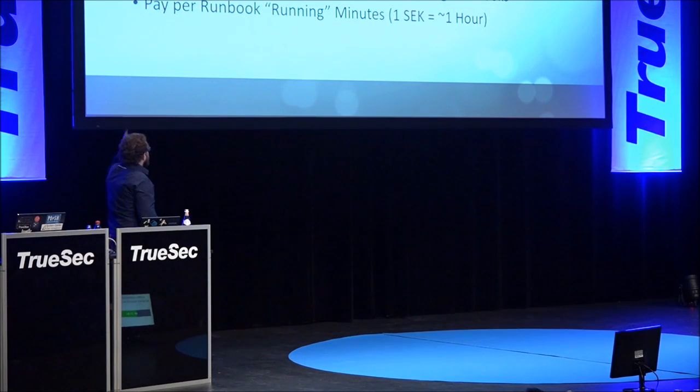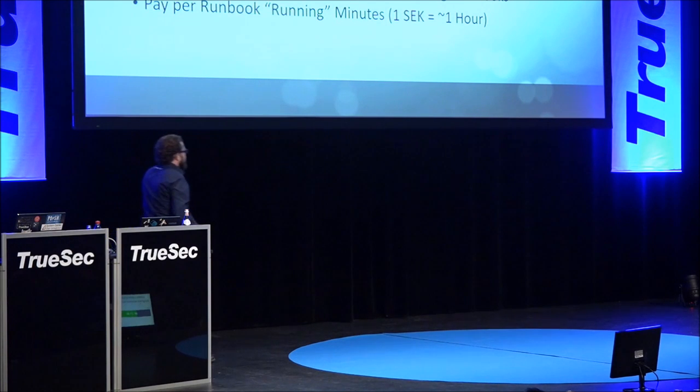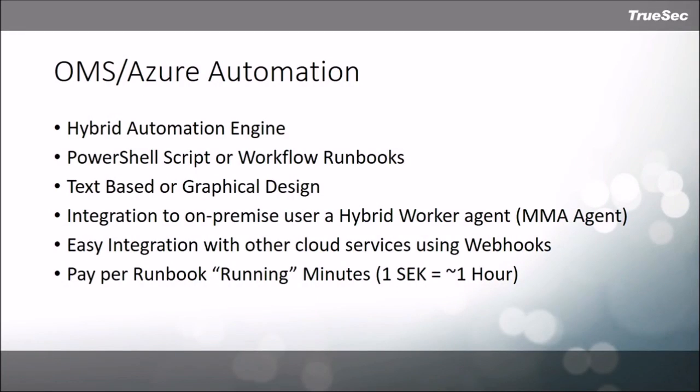Another thing is that since it's a cloud service, we have very easy access into the service from anywhere because it's on the internet. And they have something called webhooks. So we have very easy integration using these webhooks, connecting it with SharePoint, with ServiceNow, any system that you have in the cloud, or any system actually, because you can get a small URL for each of the runbooks, and you can just call that URL and the runbook will start.